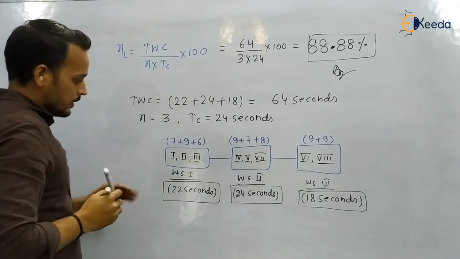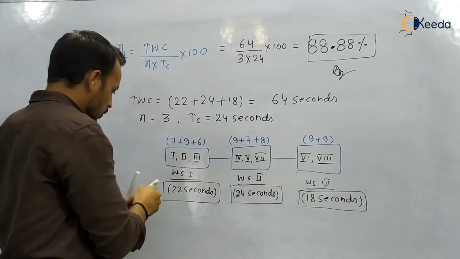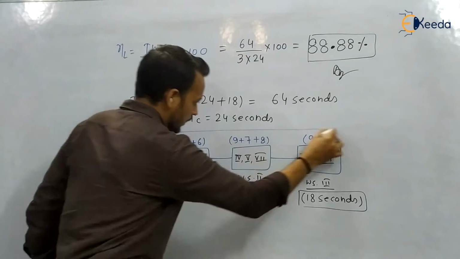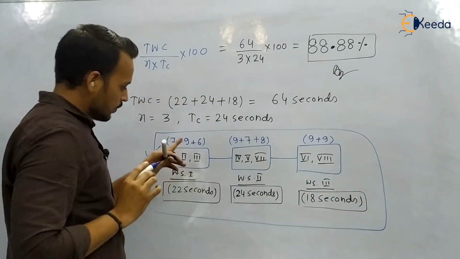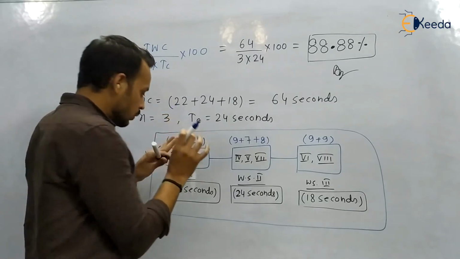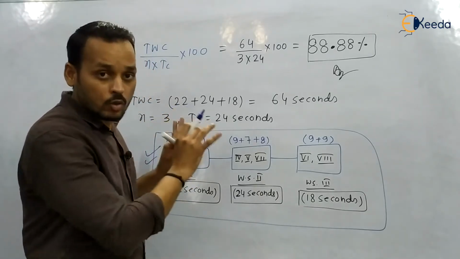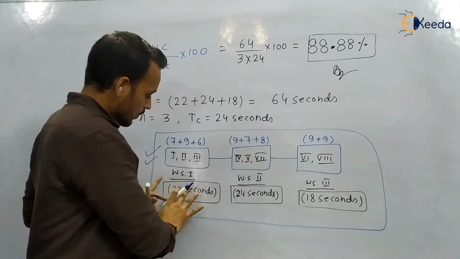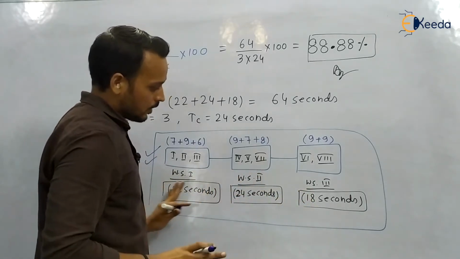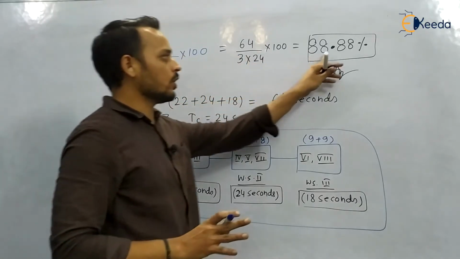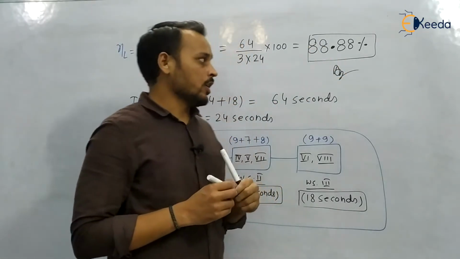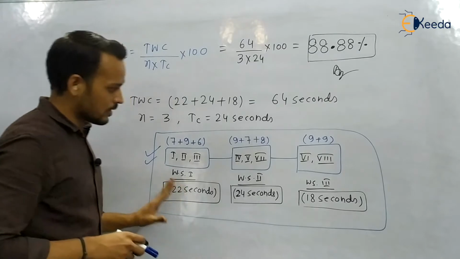Each and every thing you have to arrange according to the given statements. We assign the work elements to the respective workstations according to the question, calculate the workstation times, and the summation of all the workstation times is the TWC. We put it in the formula and get the answer 88.88%. So this was the second question.